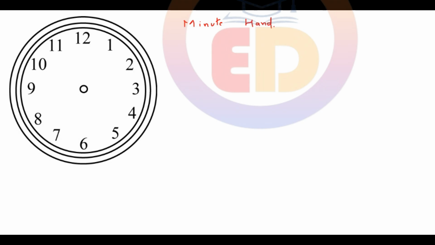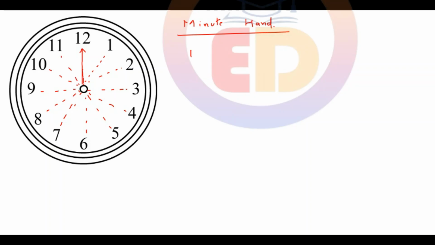Now suppose our minute hand is at 12. Minute hand will move from 12 to 1, then to 2, then 3, then 4, then 5, then 6, then 7, then 8, 9, 10, 11. And finally it will come back to 12.